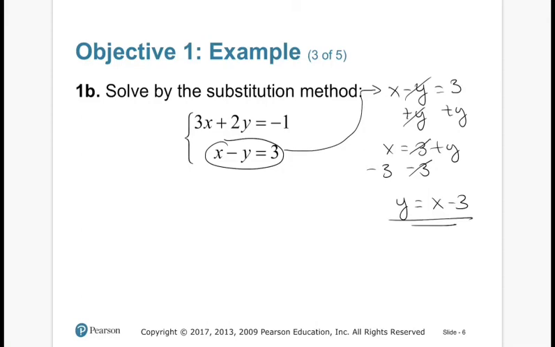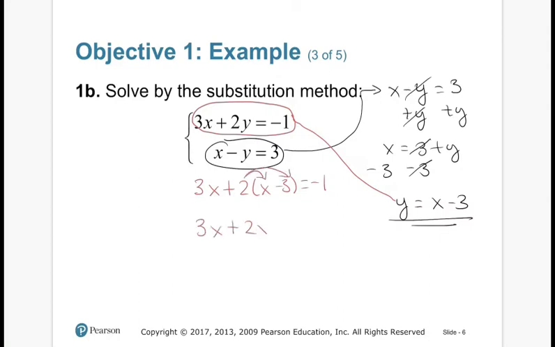After that, I'm going to plug that into my other equation, which is this one. So now I have 3x plus 2y, but I already know the value of y is x minus 3, is equal to negative 1. Now I'm going to distribute. So I have 3x plus 2x minus 6 is equal to negative 1.